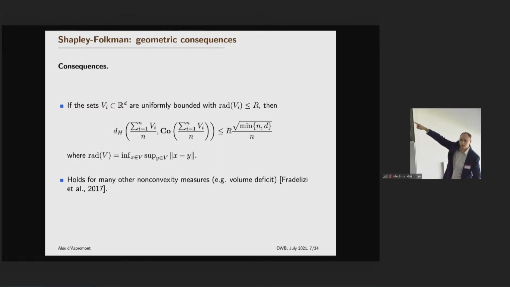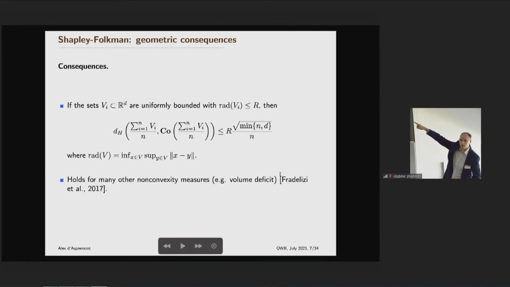So again, you get convergence towards the convex hull whenever the dimension d is fixed or negligible compared to the number of sets n. This is true for the Hausdorff distance, but it's true for many other measures of non-convexity, in particular the volume deficit between the set and its convex hull.